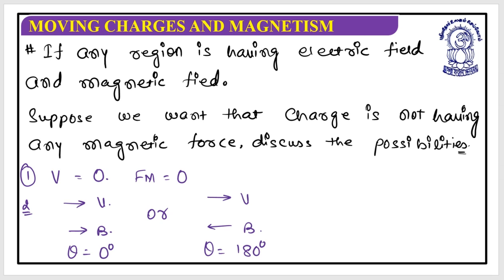Even in this situation, Fm would be equal to 0. So these two possibilities are there where it is not having any magnetic force.